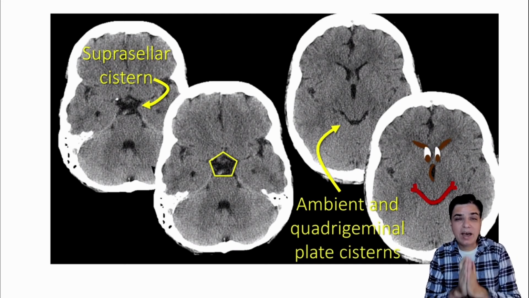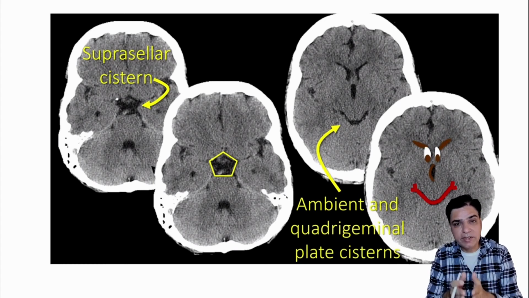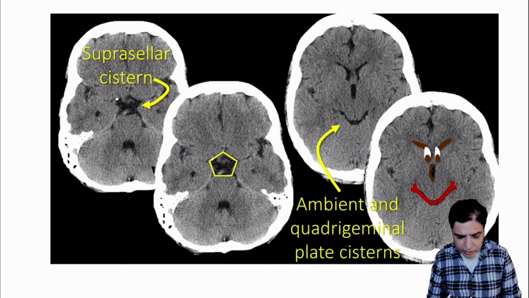So remember, a midline shift, if you see it on CT brain, is equivalent to a subfalcine herniation. Is that clear? It could be because of bleed, pressure effects, tumor, vasogenic edema, anything.